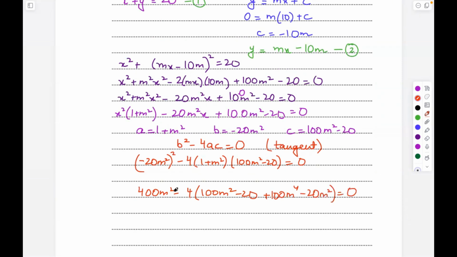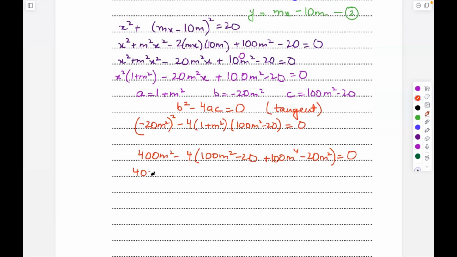Now multiplying this whole expression by 4, we'll get 400m to the power 4 minus 400m squared plus 80, minus 400m to the power 4, and minus 4 into minus 20 is a plus 80m squared equals 0.